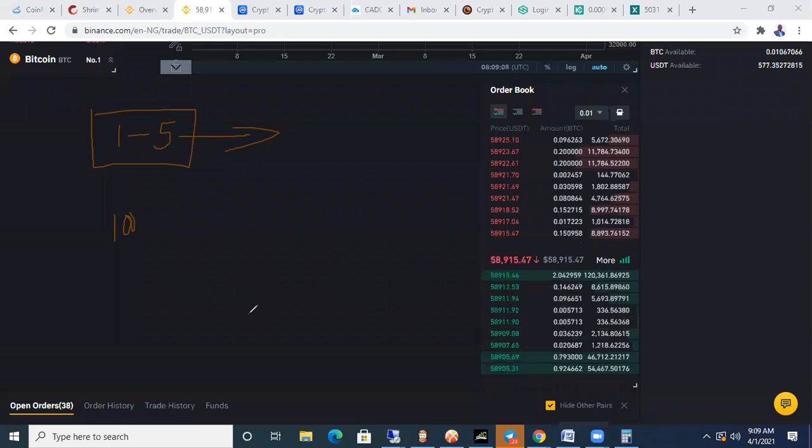So remember, if you enter a trade for a buy, the only way you can get out of that trade is if you initiate a sell. And that's going to be when price hits my take profit, sell and give me my money, or when price hits my stop loss, sell and give me my change.